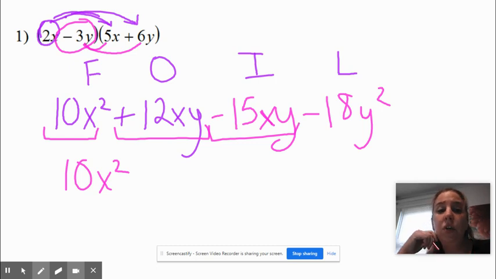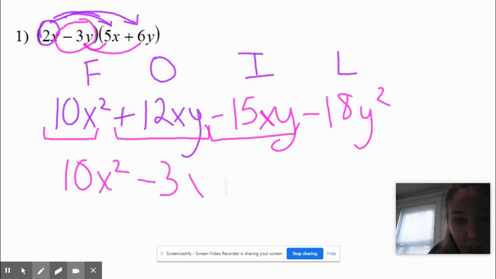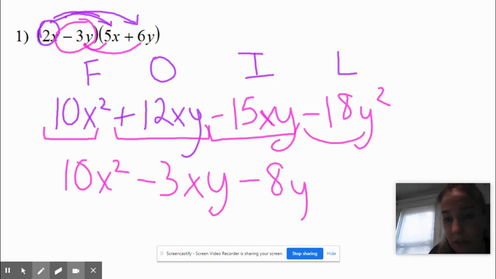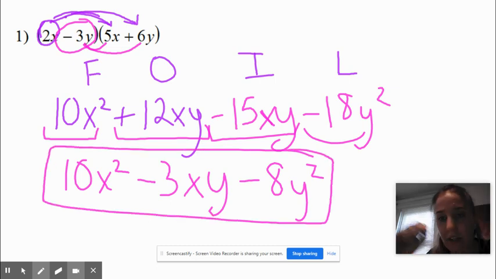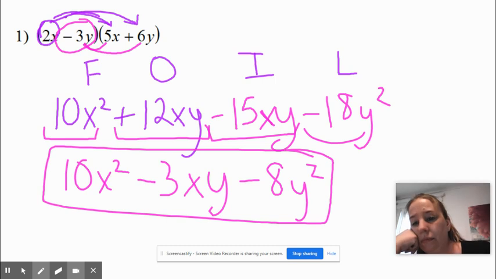Those are like terms. 12 minus 15 brings me to negative 3XY. And then this negative 18Y squared comes down. So I know it's a pain. There's a lot of exponents typing it in. That's a 2, not a Z on the Y there. But you have 4 questions a day. I think it's totally manageable.